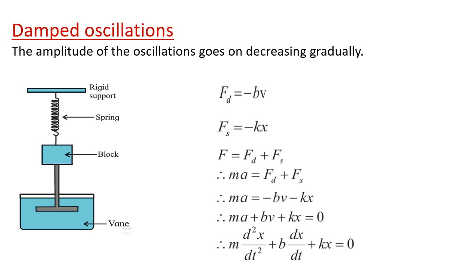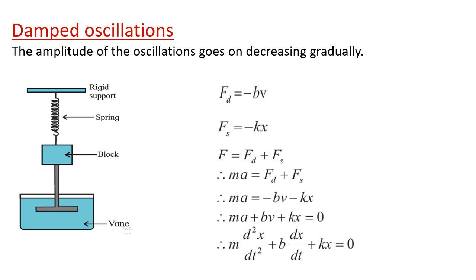Now this figure shows you the whole system, or the whole arrangement, that we are going to consider for studying the damping of oscillation. It shows a block of mass m that can oscillate vertically on a spring.